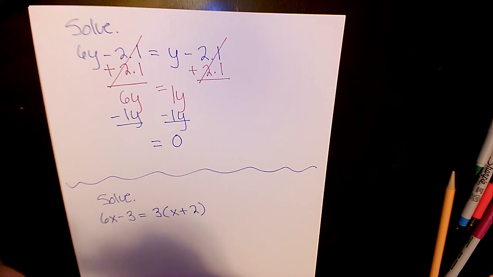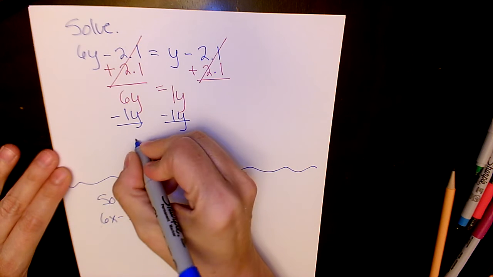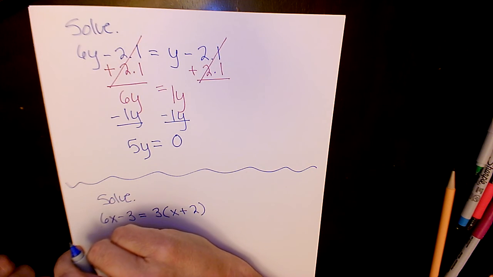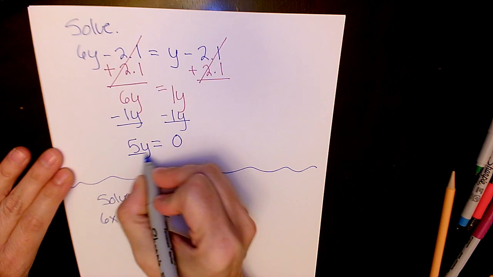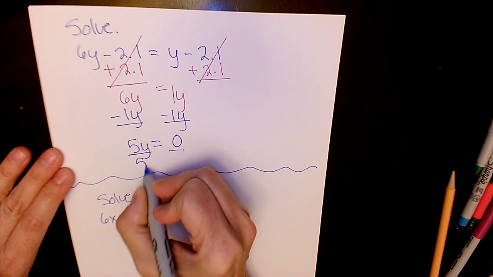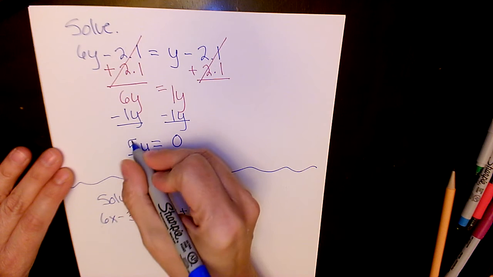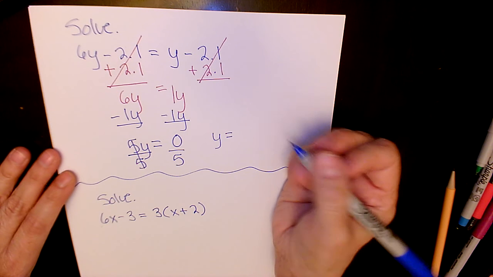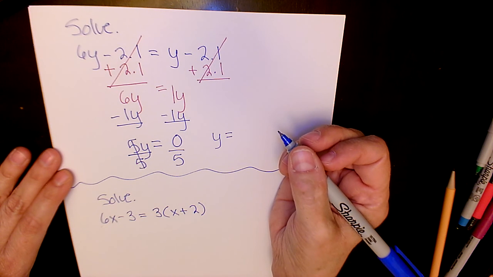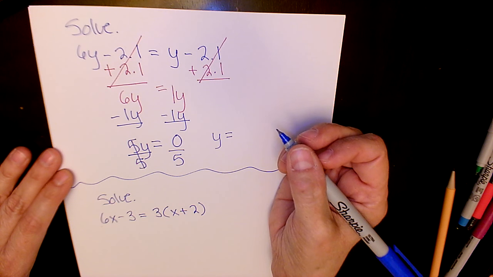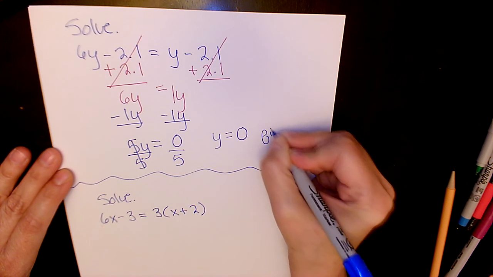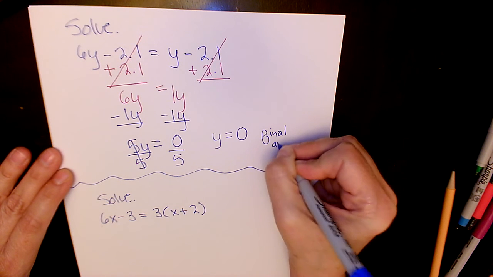And 6y minus 1y is 5y. So 5y equals 0. Step 3, divide both sides by 5. What's 0 divided by 5? 0, we can have 0 on top. 0 divided by 5 is 0. So y equals 0 is our final answer.